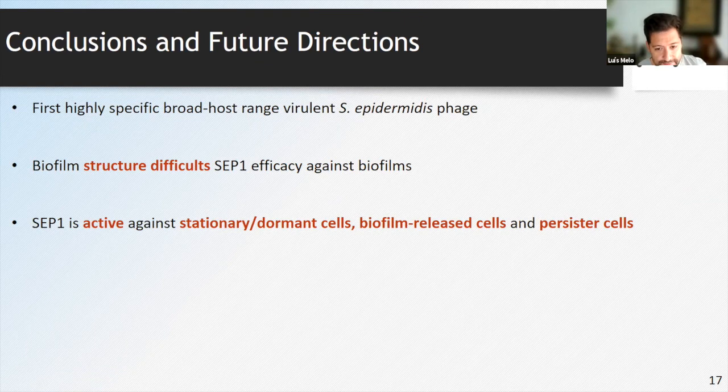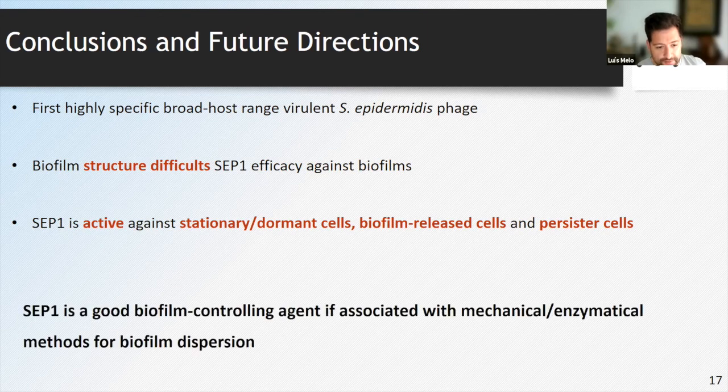It's a phage that I studied for several years, but it's active against stationary, dormant cells, persister cells, biofilm released cells. So it could be a good candidate for therapy for treating biofilms if associated with some mechanical or enzymatic methods for biofilm dispersion, or, for example, by genetically engineering the phage.